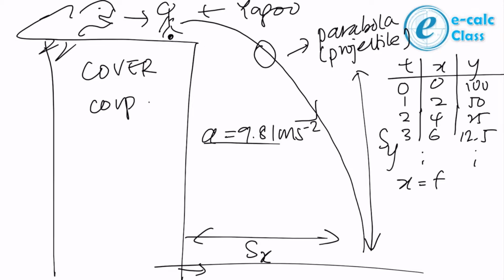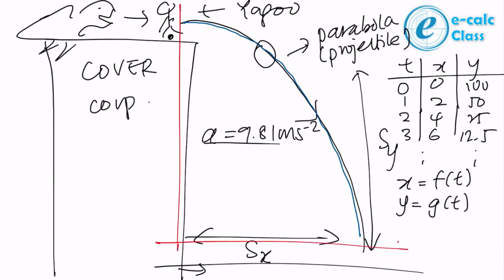Now, if you look at this table here, you can actually express x in terms of t, a function of t. If you are doing physics, in your kinematics equations, t is a variable for both sx and sy. But that is not enough, because now I want the equation of this parabola. How do I get that? I need the coordinates of x and the coordinates of y, right, in a coordinate plane like this, x, y.